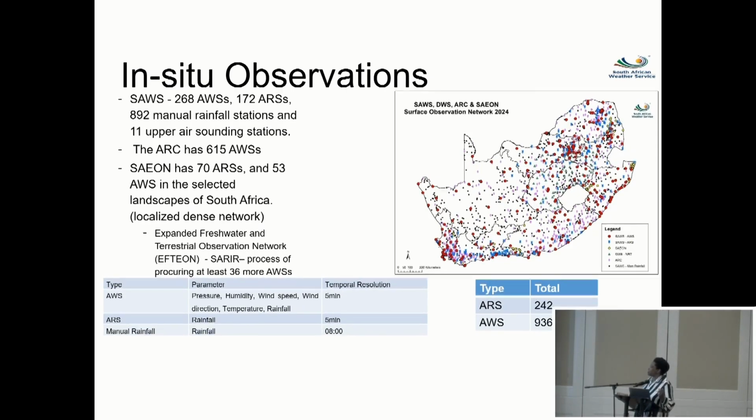However, this number is decreasing because we don't have enough volunteers anymore. People are getting old, some of them are passing on, and the younger generations don't want to do things for free. They don't really see the value of taking weather observations, which is a challenge in the country.